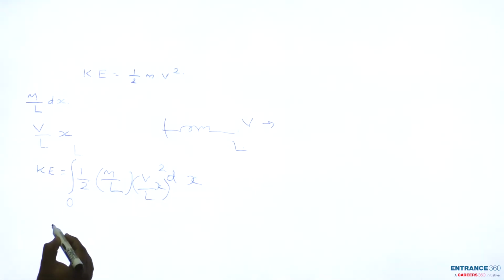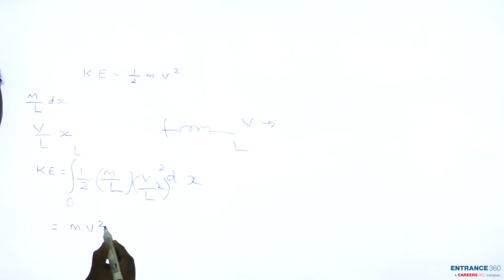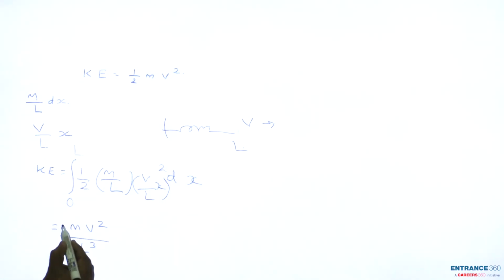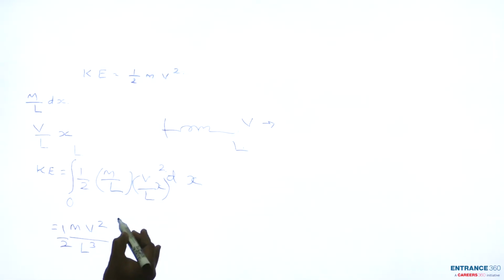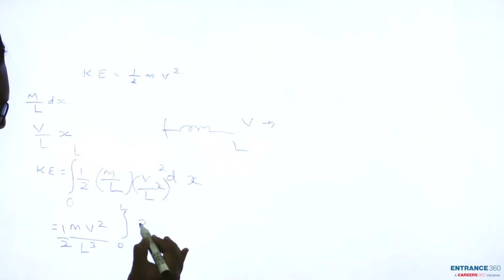We can take the constants outside. It is M v square by L cube, and 1 by 2 is there. Integral from 0 to L, the remaining term is x square dx. The integral of x square dx is x cube by 3.